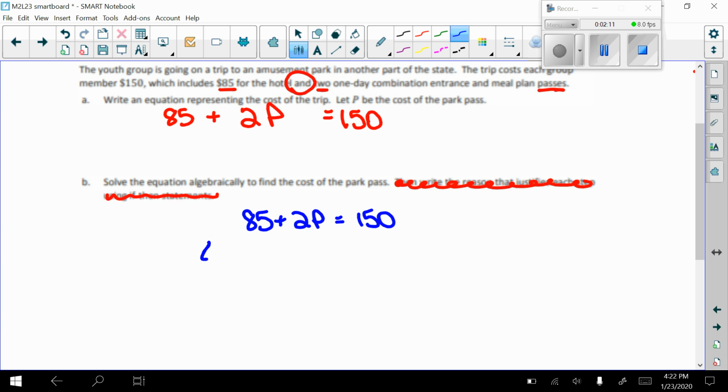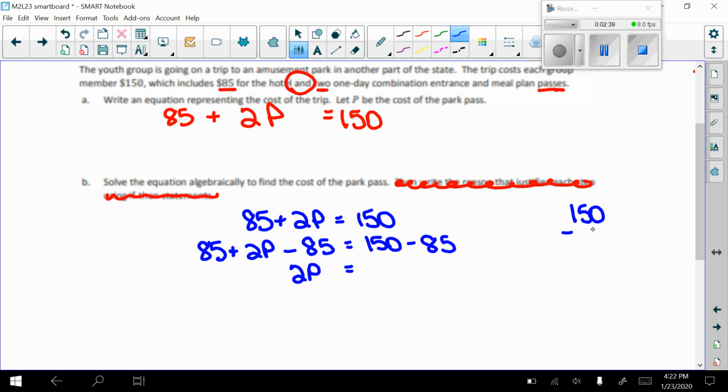So we're going to write 85 plus 2p minus 85 equals 150. And if I subtracted 85 from the left, I need to subtract 85 from the right. That leaves me with 2p on the left, because 85 minus 85 is 0. So 2p plus 0 is 2p.